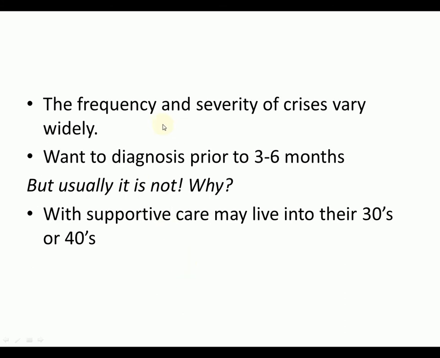The frequency and severity of the crisis can vary widely. You want to diagnose it prior to 3 to 6 months, but usually it's not. Do you know why this is so? With supportive care, they can live into their 30s or 40s.